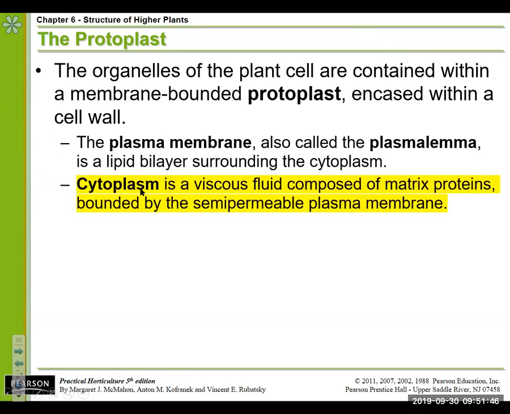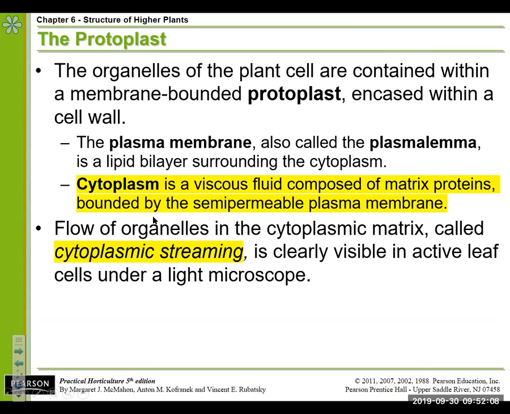Again, on the cytoplasm, it is a viscous fluid, and within it are matrix proteins that are bounded by the plasma membrane, which is semi-permeable, allowing nutrients and molecules to come in and move throughout the cell.